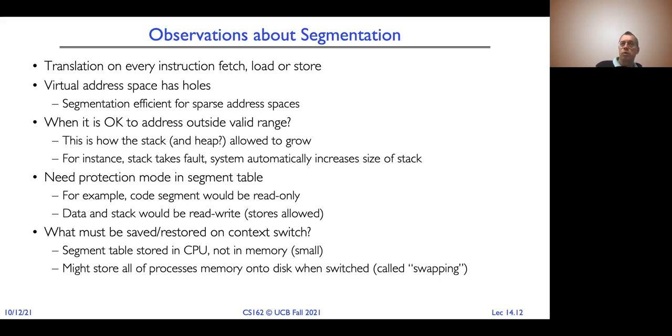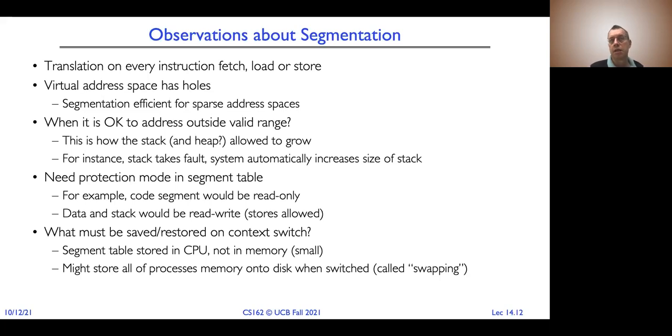As I showed you in the previous example, you have one segment table per virtual address space, and one virtual address space per process or per application, right? So when you context switch a process, you also have to save the segment table, because the next process to run is going to have its own segment table.